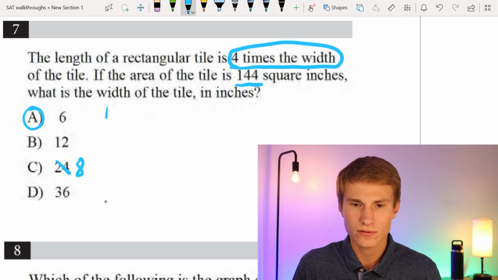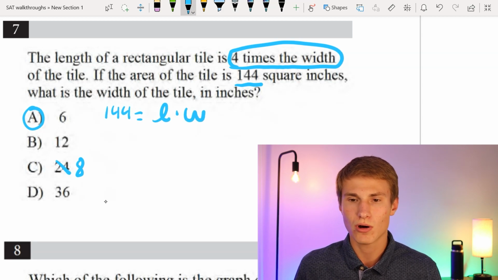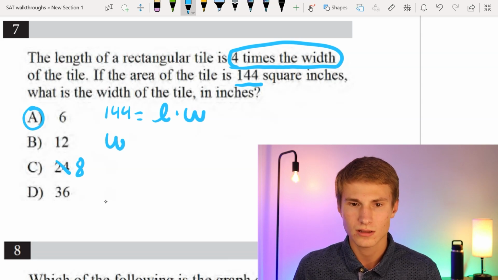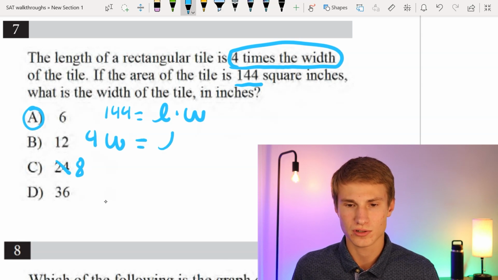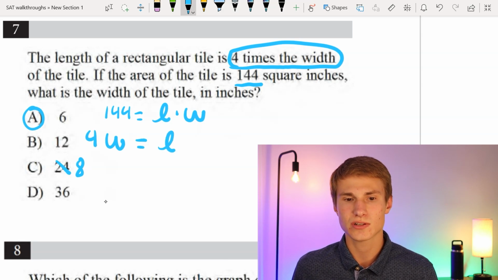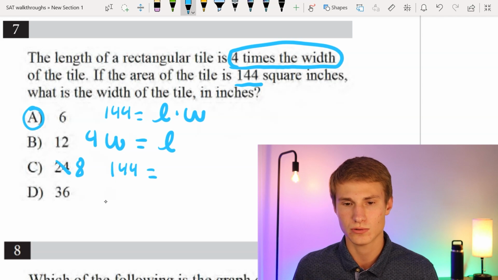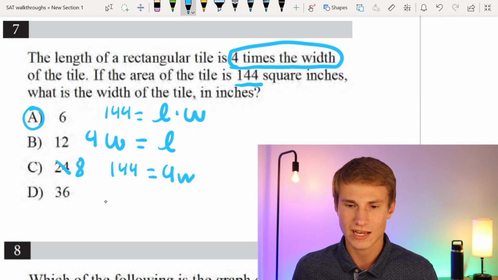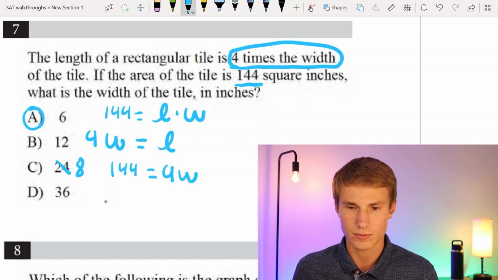So you've got your area is 144. You know 144 then has to equal your length times your width. You also know that your length is 4 times your width, right? So your width times 4 is going to give you your length. Now you need to solve for your width, so you would plug in the fact that L equals 4W into your equation. You'd have 144 equals 4W times W, which is going to give you 4W squared.